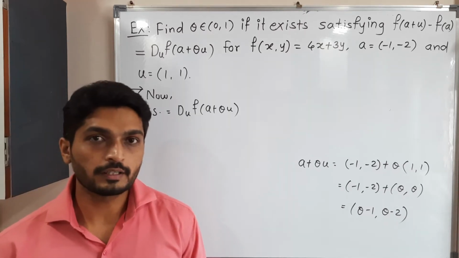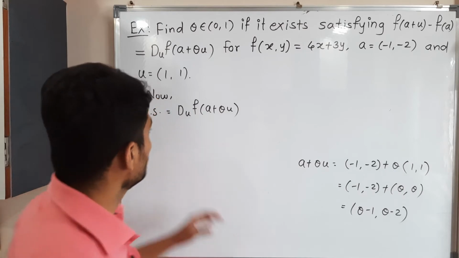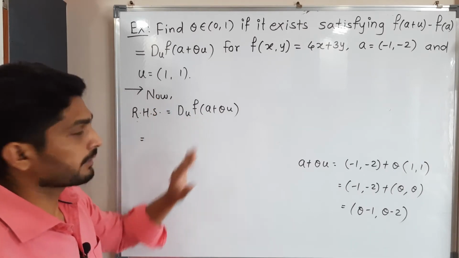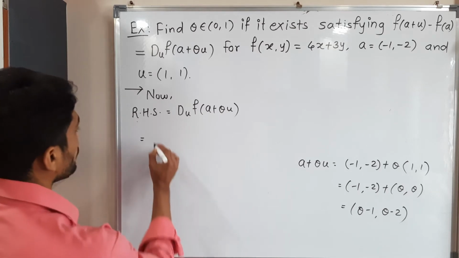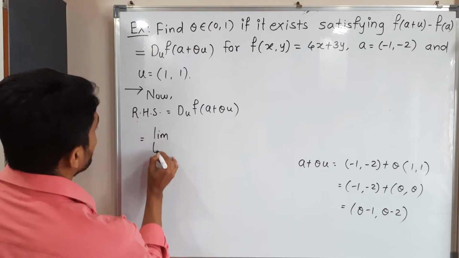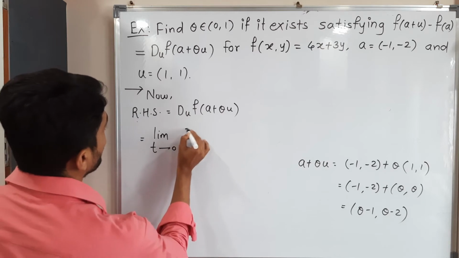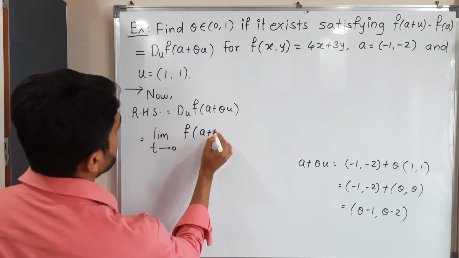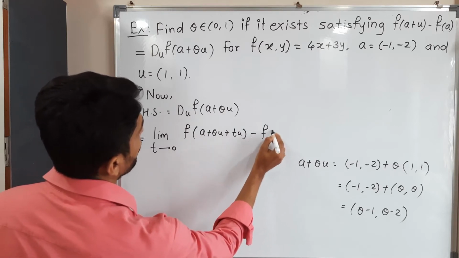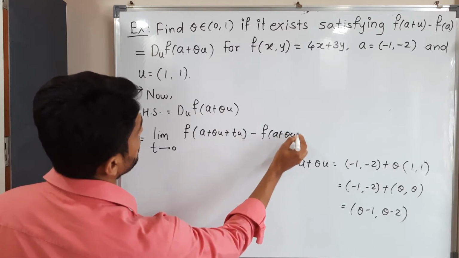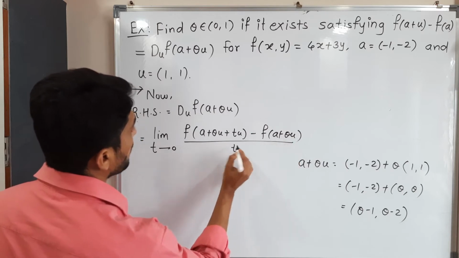Okay, so let us find the right hand side now. The right hand side is the directional derivative of f at a plus theta u. Let us apply the definition of the directional derivative, which says limit t tends to 0 of f of a plus theta u plus tu minus f of a plus theta u, divided by t.